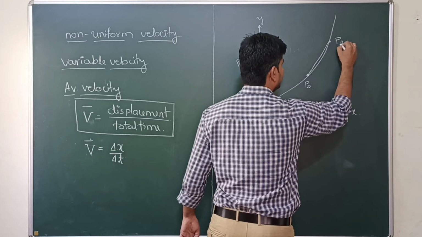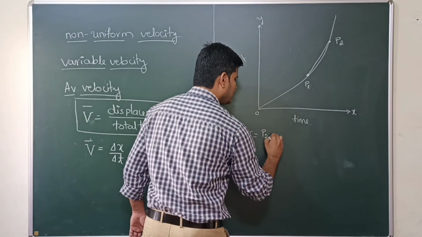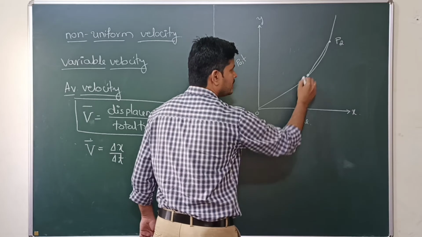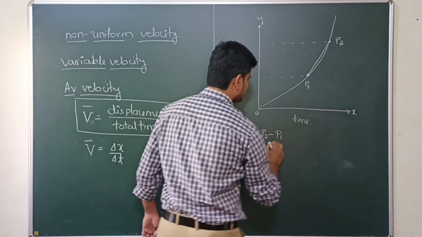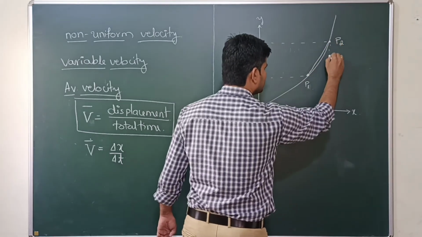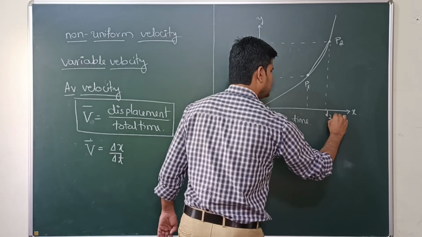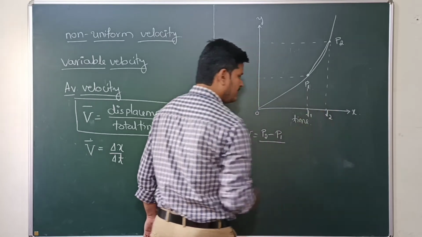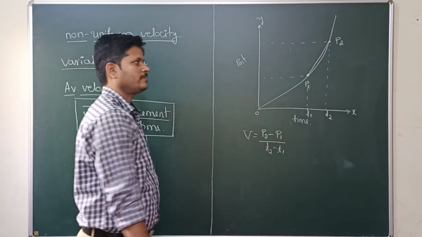P2 minus P1 with respect to this y-axis, divided by, this is time t2 and here is time t1. Therefore, it is t2 minus t1, right?